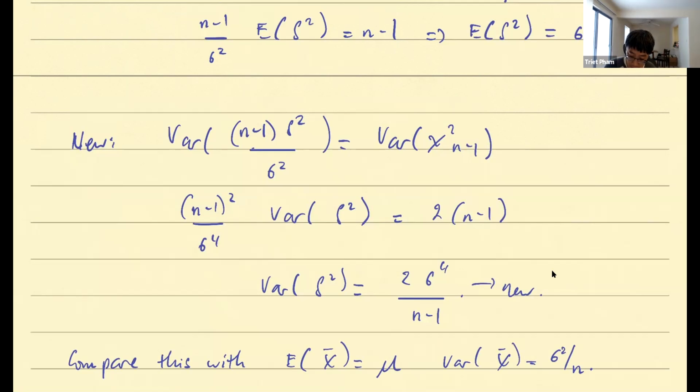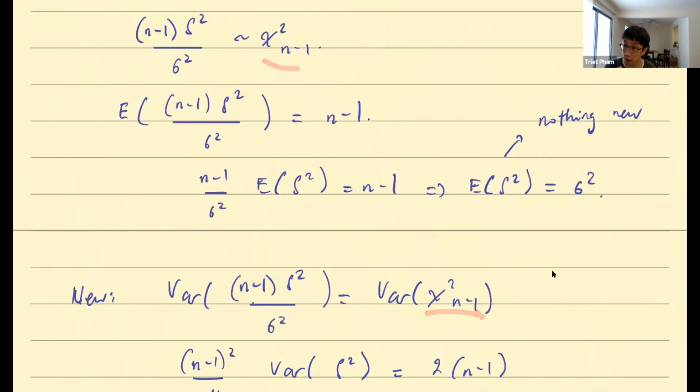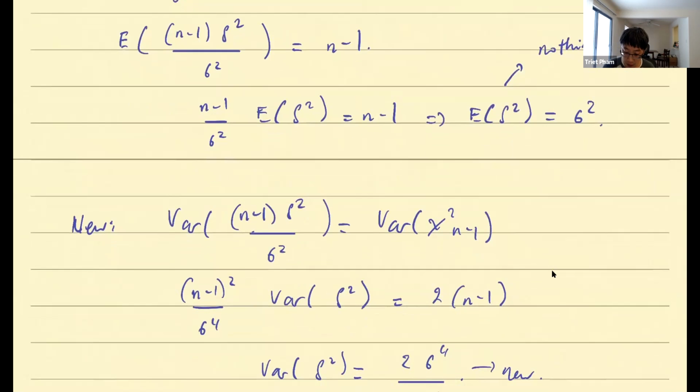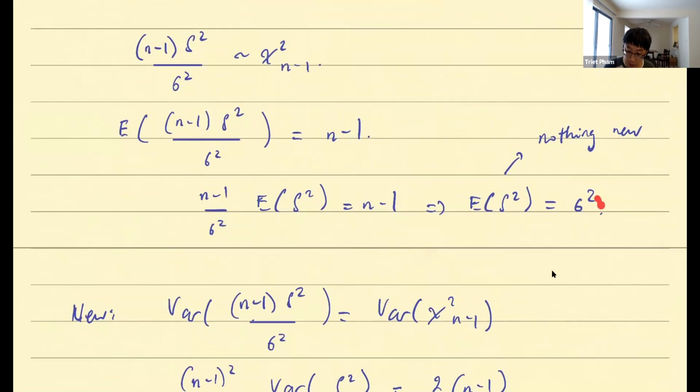This part right here is not universal because I just did this on the chi-square. I used the chi-square result. The chi-square result depends on the normal assumption. So the moment I move away from the normal distribution assumption, I lose this result. I lose this result. But I still have this.